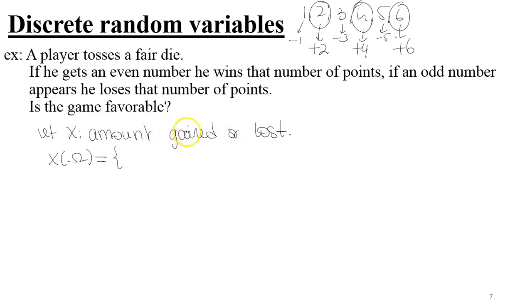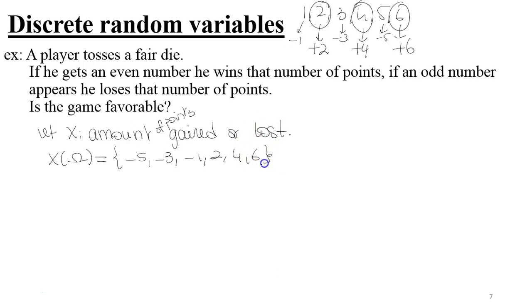So these are the possible values that this random variable can take, which x is in fact representing: the amount gained or lost, or you can say the amount of points, since the word amount could be confused with money. So over here it's the amount of points gained or lost. So they would in fact be -5, -3, -1, then 2, 4, and 6.